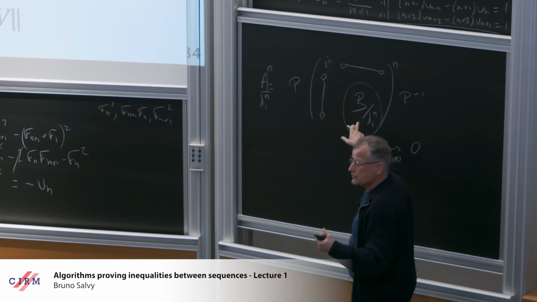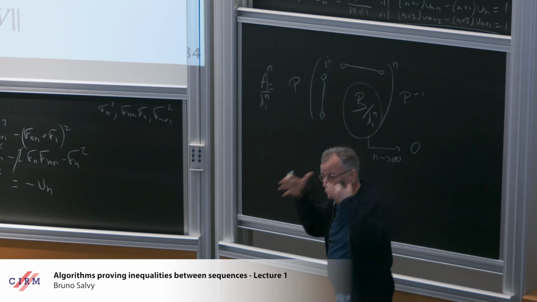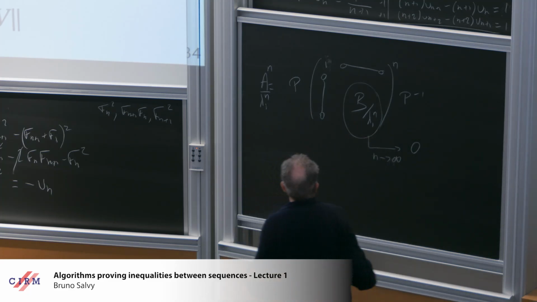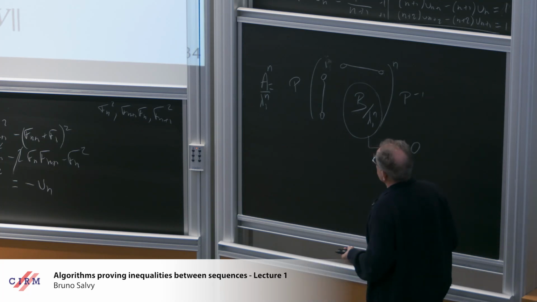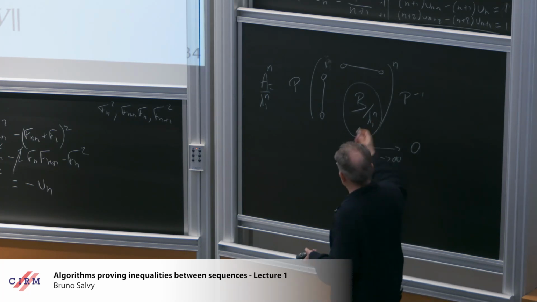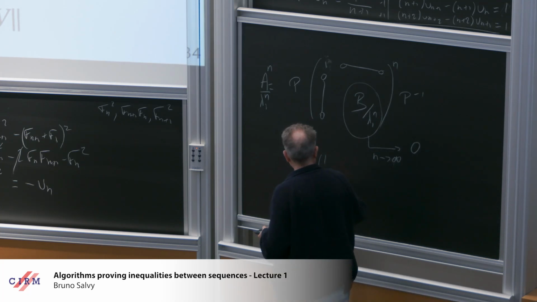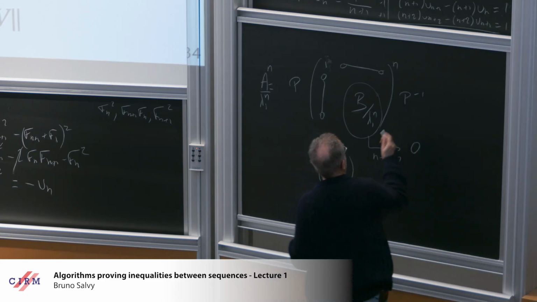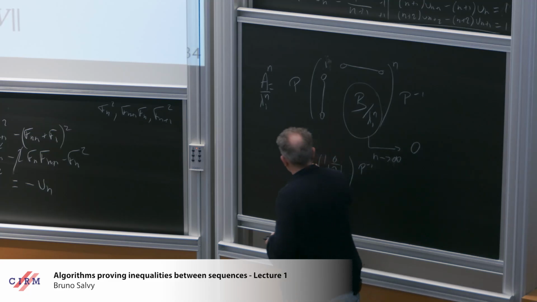Doesn't mean that it decreases, right? At first it may decrease, but it tends to 0. So we are left with one block of 1, and 0 elsewhere.